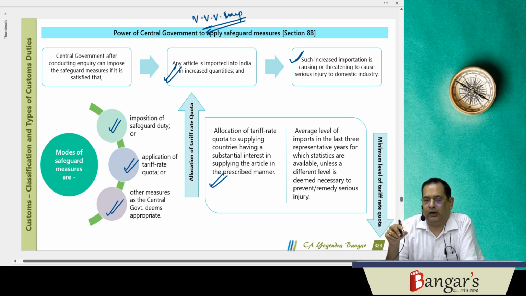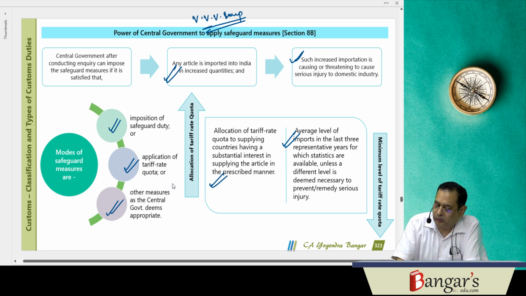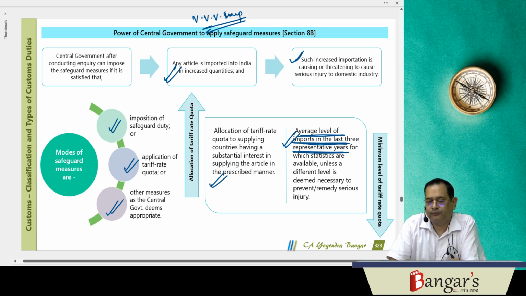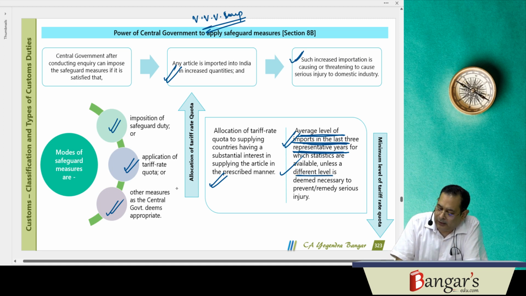So tariff rate quotas will be allocated. And here, what will be kept in mind? The average level of imports in the last 3 representative years for which statistics are available, unless a different level is deemed necessary to prevent or remedy serious injury.